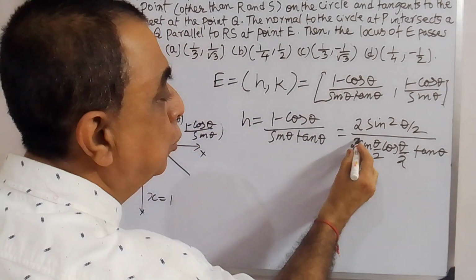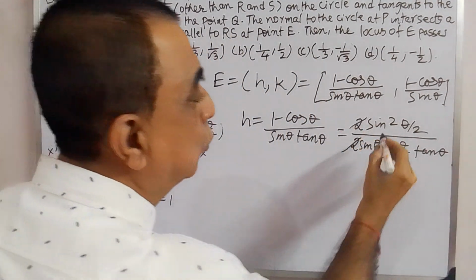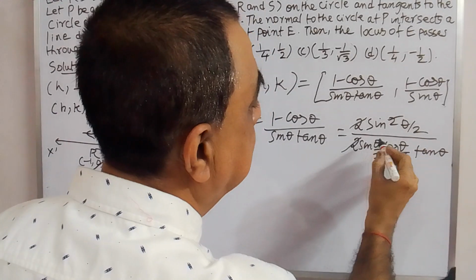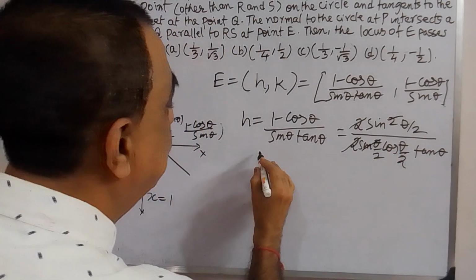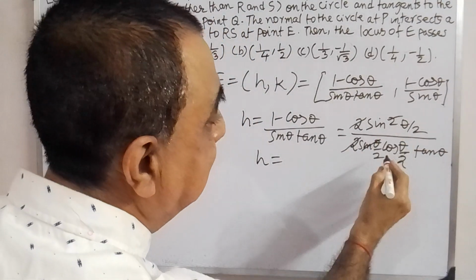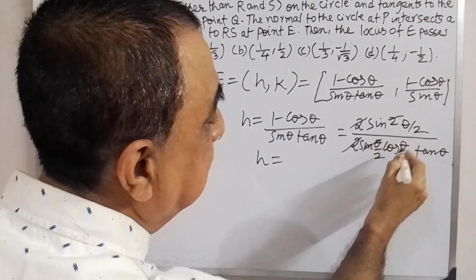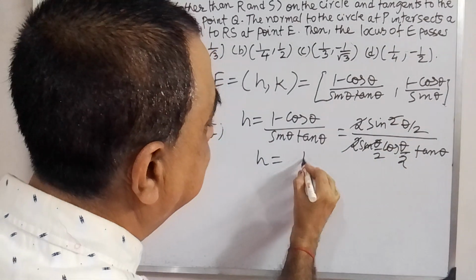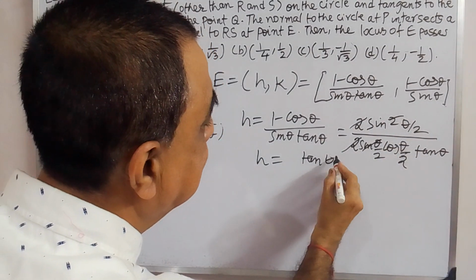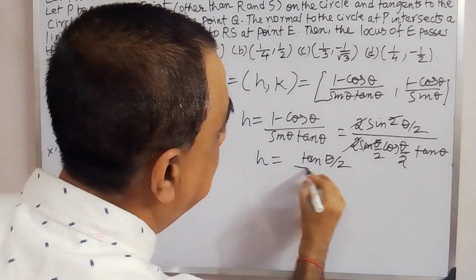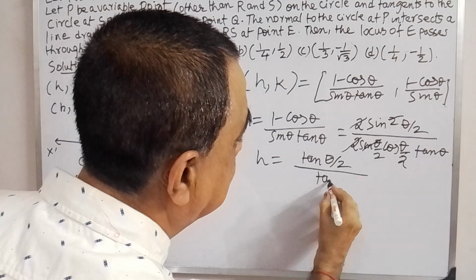The 2 and 2 cancel out, and dividing by sin theta by 2, this and this cancel out. So h is sin theta by 2 divided by cos theta by 2, which equals tan theta by 2, whole divided by tan theta.